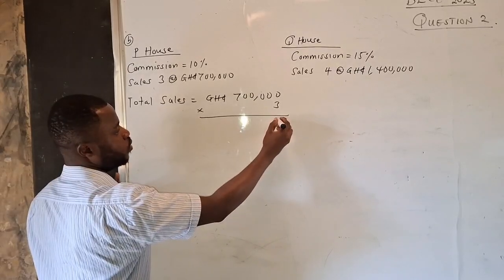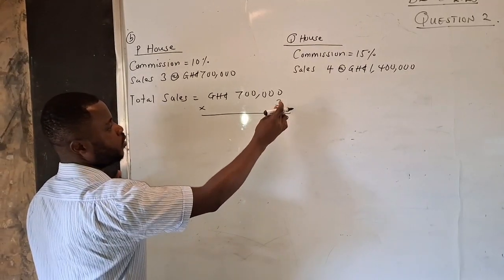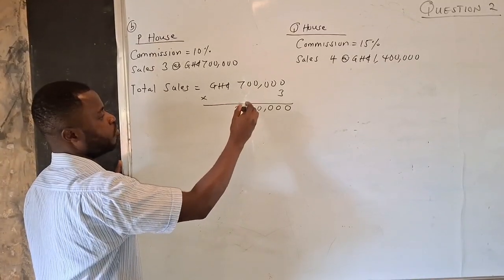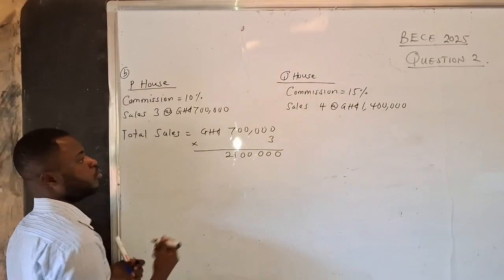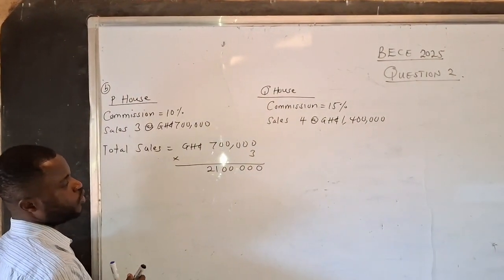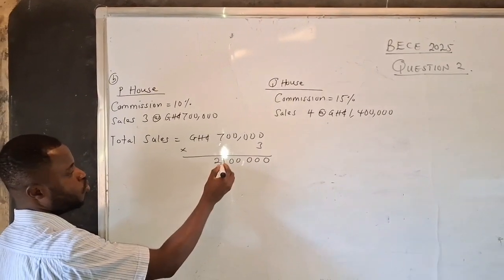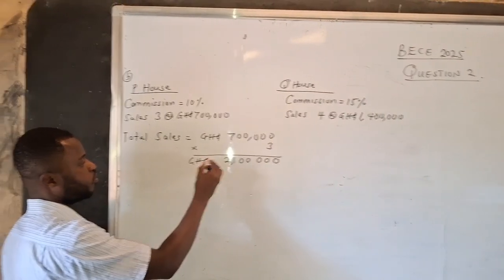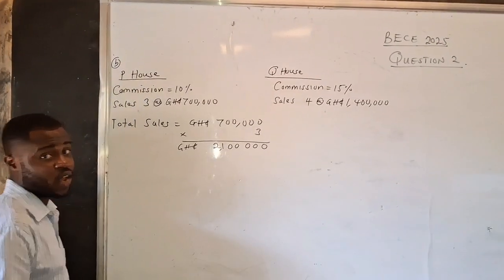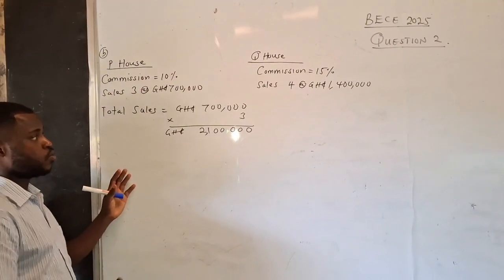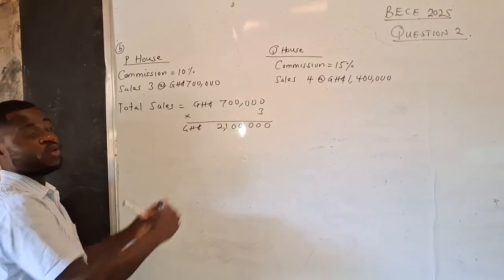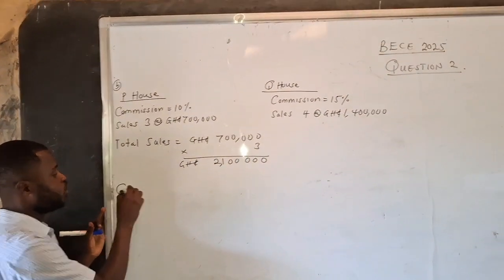This is simple multiplication, so zeros, then 7 times 3 is 21. So we have 2,100,000 as the total sales. So the total sales on the P house is 2,100,000. Now we have to find the commission.